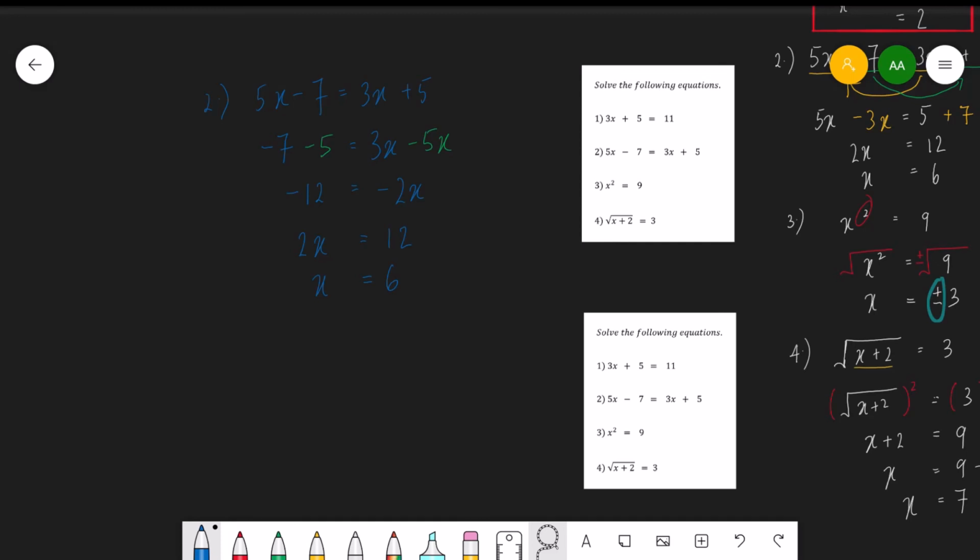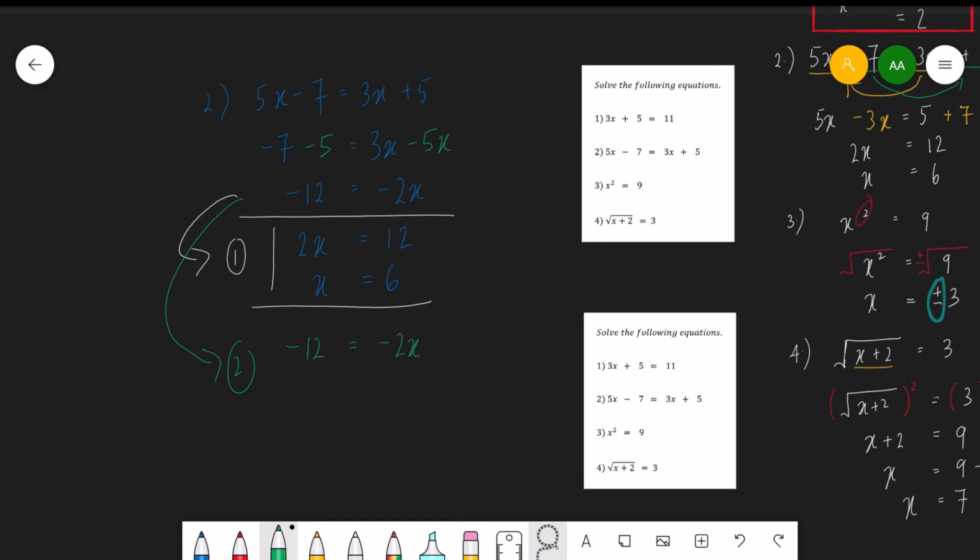Another way: this is our first type of solution. The second type is let's do it this way. You can go through this one, or you can go through this one. This is the second solution. The second way is negative 12 equals negative 2x.